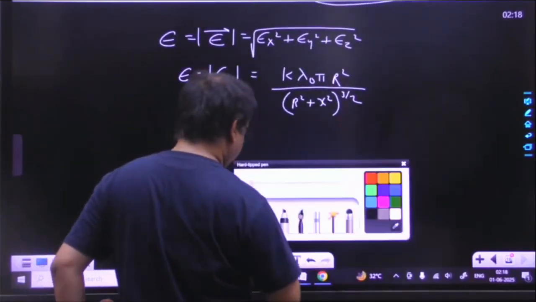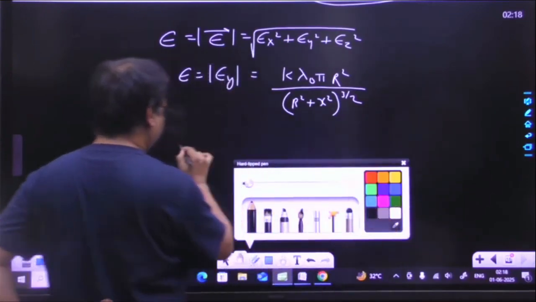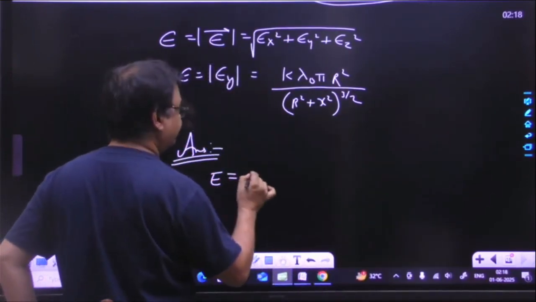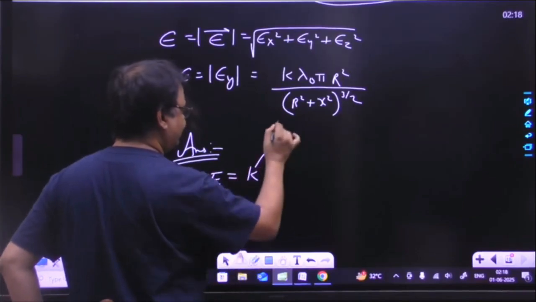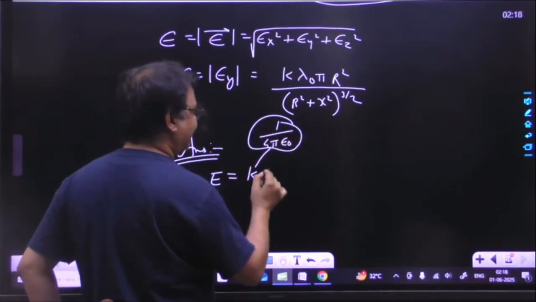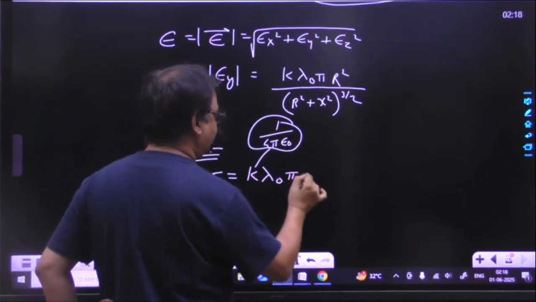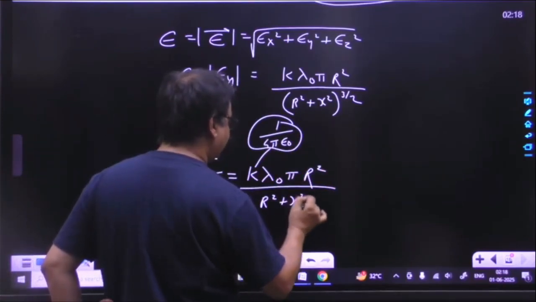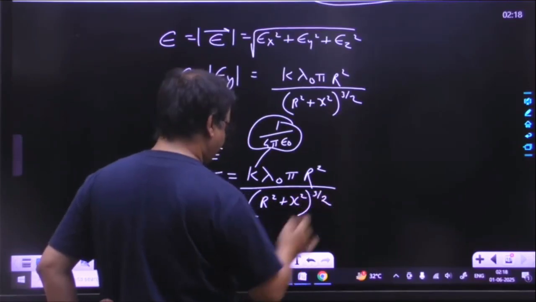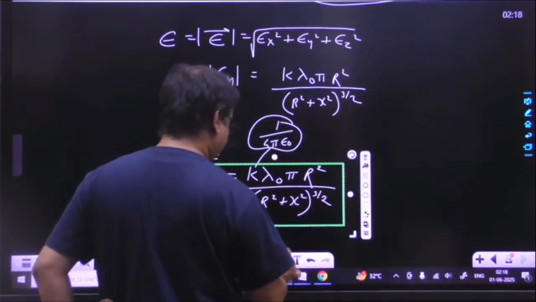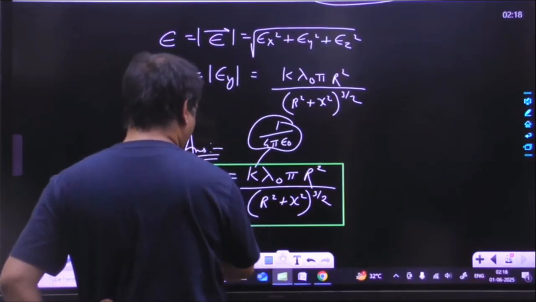This is the net electric field. Okay, this is the first answer. The net electric field at the axis is Coulomb's constant k, which can be written in the last step as 1 by 4 pi epsilon naught, times lambda naught pi radius square by (r square plus x square) to the power 3 by 2. And this field is along the negative y-axis. Correct?